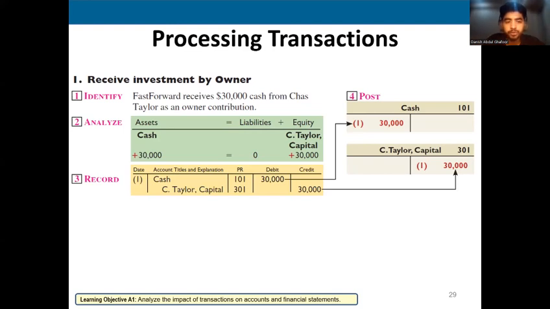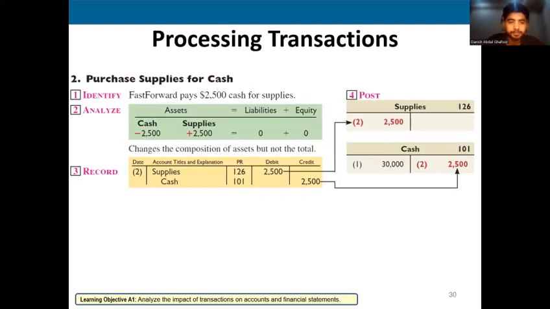Similarly, there are more examples. Let's go towards that. So here, Fast Forward pays $2,500 for cash supplies. Now see the analysis part. In the analysis part, he's showing the impact of this entry through the accounting equation. Cash decreased by 2,500 because Fast Forward is paying $2,500 for supplies in cash.